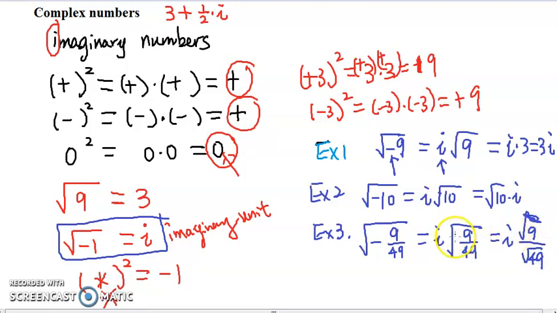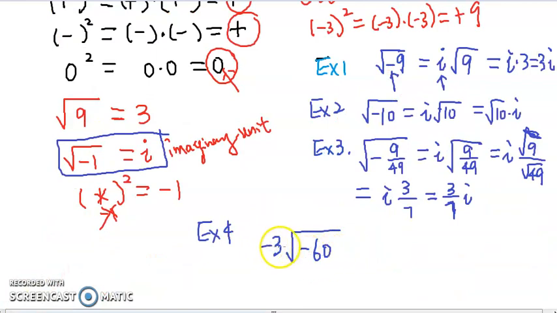So we can take the square root of the top and the bottom, which we have done before in chapter 5. We continue to simplify the square root of 9, which gives us a 3, and the bottom, the square root of 49, which gives us a 7. Let's switch the number and the variable, so we can put your answer as 3/7 i.